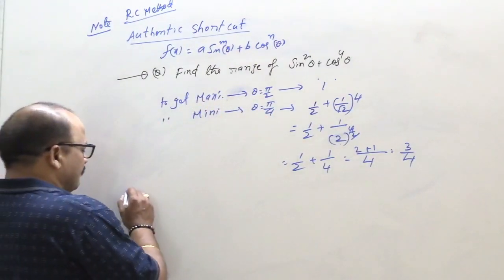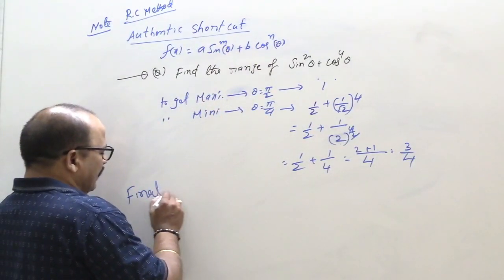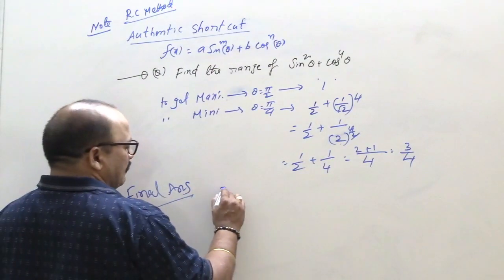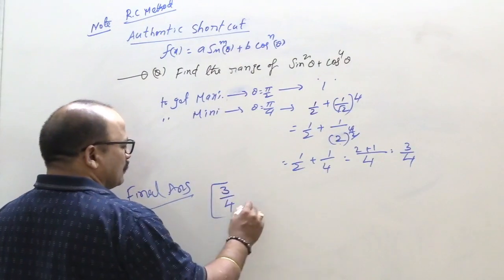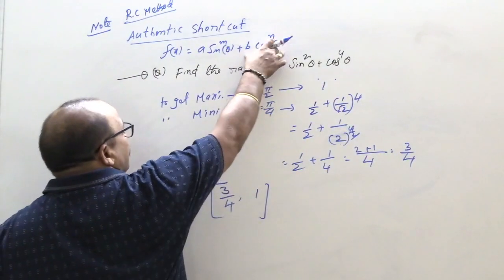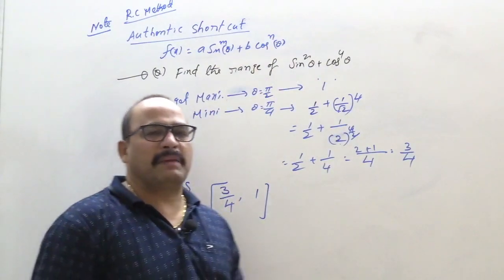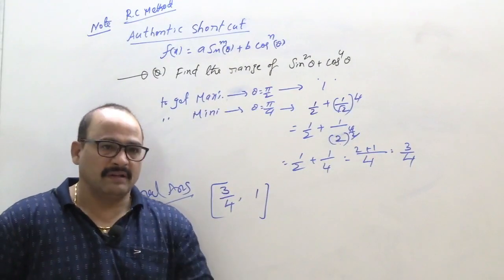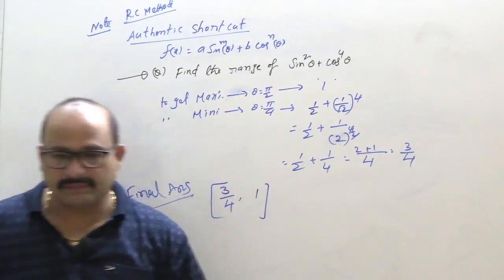So final answer, minimum value 3 by 4, closed, comma, maximum value 1. This boundary, this function's lower boundary, upper boundary, maximum, minimum, extreme values, everything. Okay students, best approach.